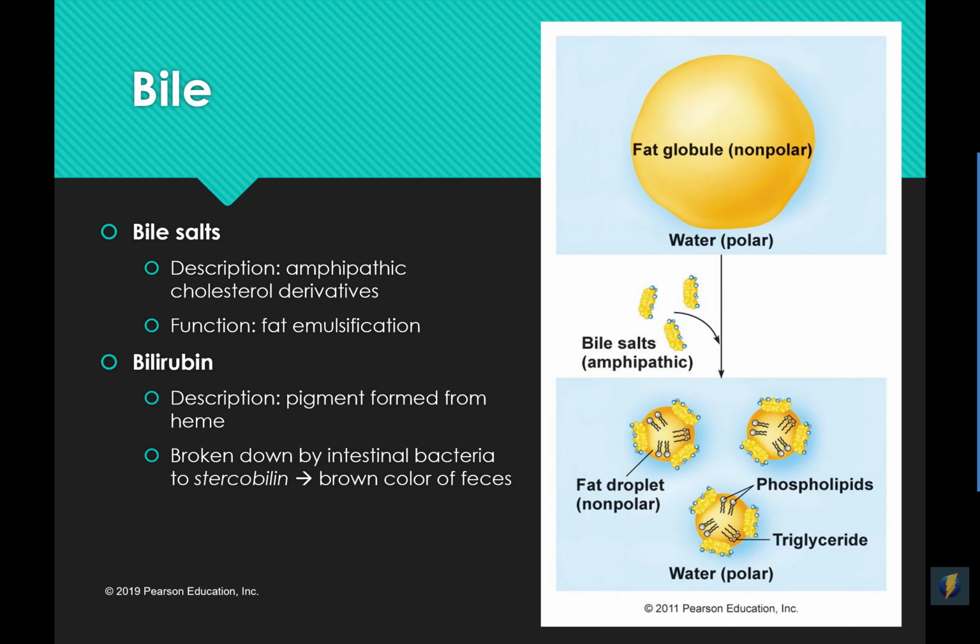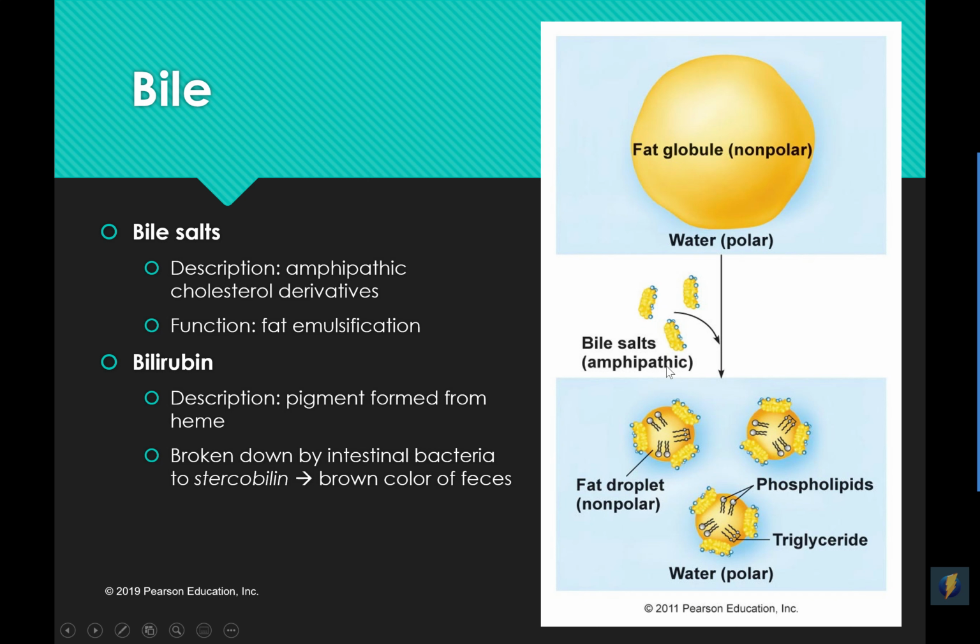Bile itself is an amphipathic derivative of cholesterol, and what it does is emulsification of fats. So it's really necessary for us to digest and absorb fatty foods, to first break them down into smaller pieces. Here you can see you've got this big non-polar fat droplet. Most of our digestive juices are very polar, very water-based.